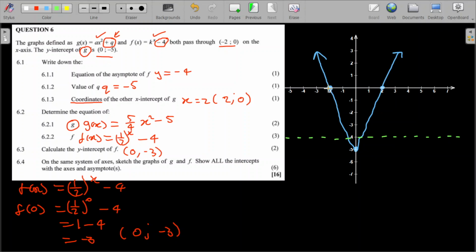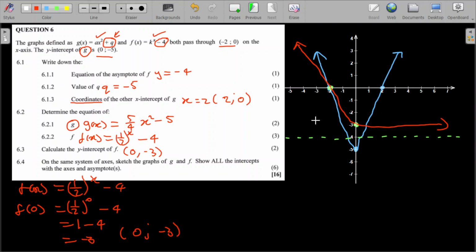Remember, they told us that both of these graphs pass through here, so this is going to be the x-intercept of the exponential graph. Now the y-intercept of that exponential graph is this one here, which is also this one that is here. So now let me draw my exponential graph. It will look more or less like this. So this is my exponential graph.